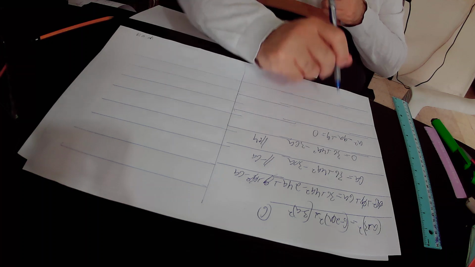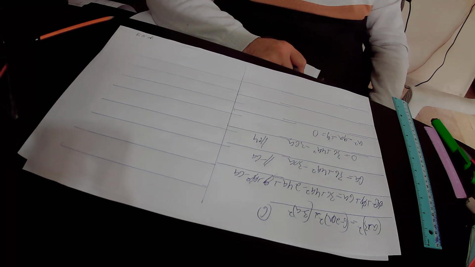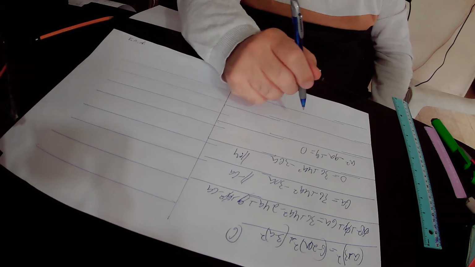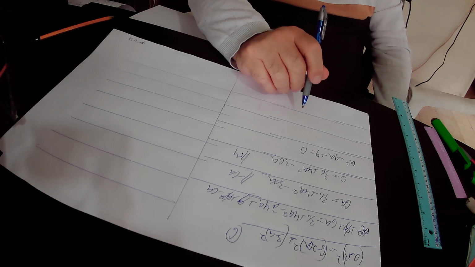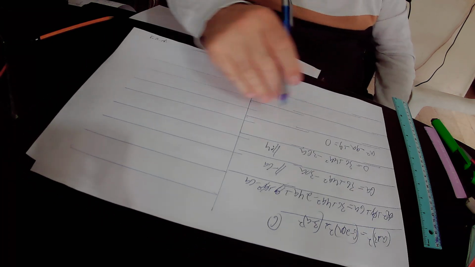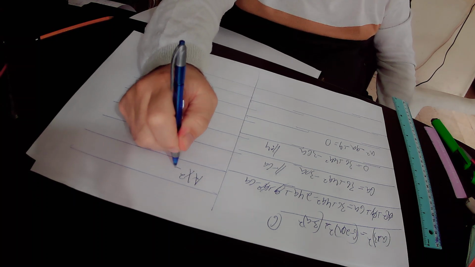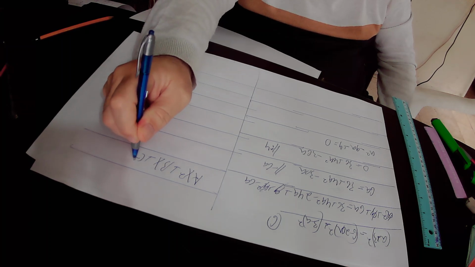So we found that a squared minus 9a plus 9 equals 0, so actually this is a quadratic equation, and the general formula for a quadratic equation is ax squared plus bx plus c equals 0.